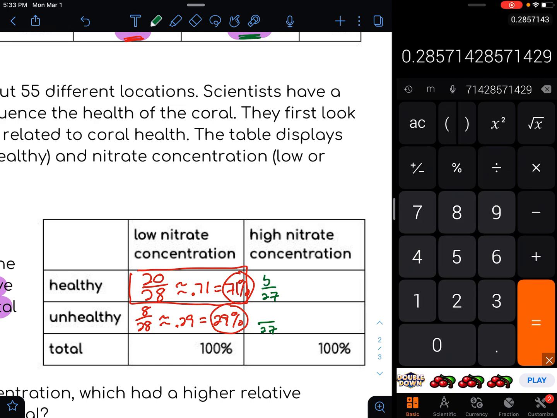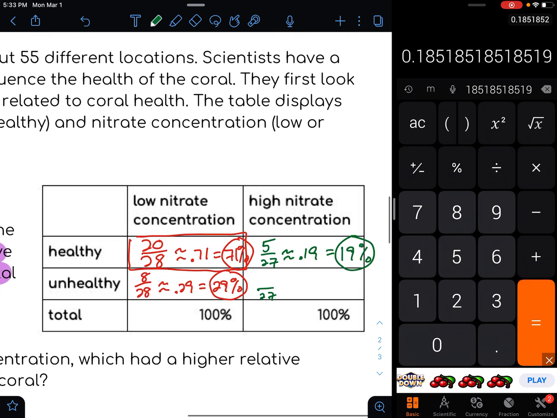So 5 of those high nitrate concentration locations were healthy. So 5 divided by 27. 5 divided by 27 is 0.1851, and that same 4 digits is repeating. So if we're rounding it to the nearest hundredths place, so 2 places after the decimal point, that would be 0.19 or 19 hundredths. So it's approximately 0.19, which is equal to 19%.